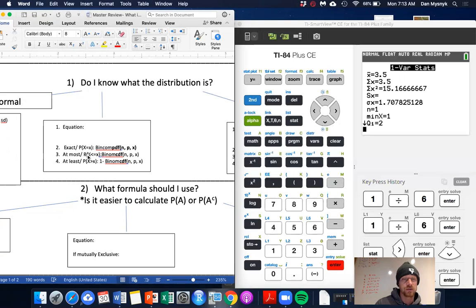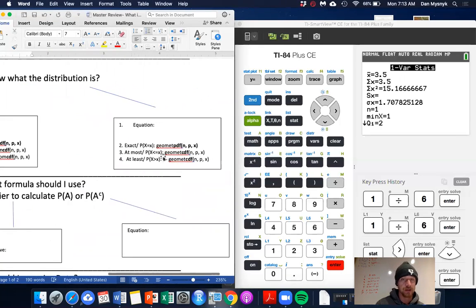If that's true, the probability that your random variable equals some number is binomPDF. Probability that it's at most some value is binomCDF. Probability that it's at least some value is 1 minus that.